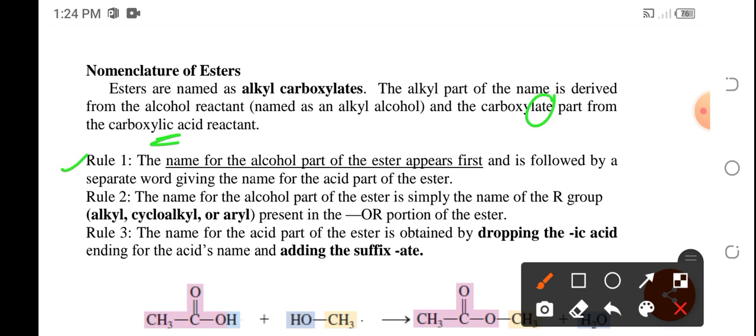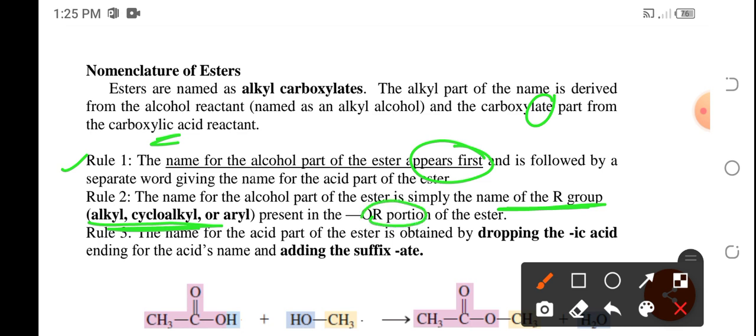Okay? So let's have the rule. The name for the alcohol part of the ester appears first. So we will name the alcohol part first, and usually they are alkyl names, so they should end with YL. The name of the alcohol part is simply the name of the R group of the alkyl or cycloalkyl or aryl.